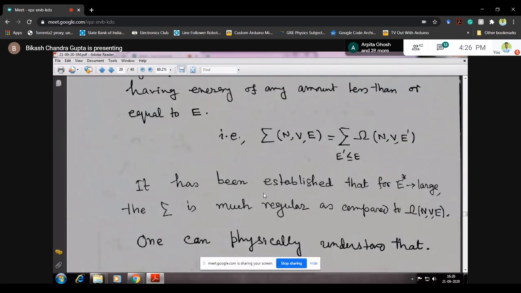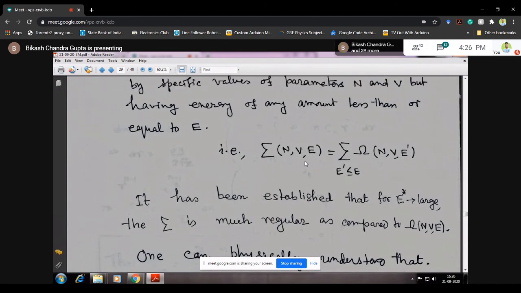That means now you can write like this, that sigma is basically sigma NVE, and that would be equal to the microstates for energy E prime, and this E prime can be anywhere between, or you sum over all energies actually up to E, right?